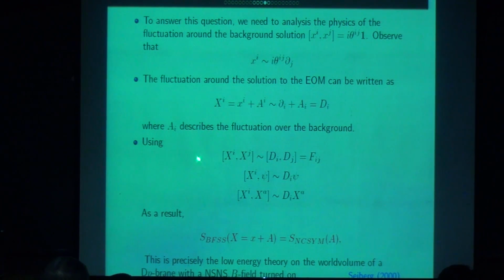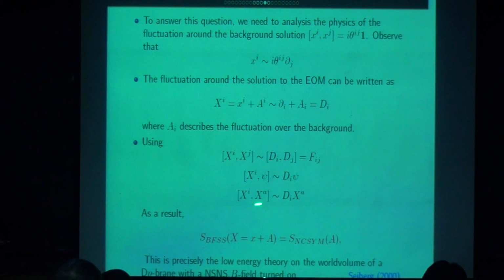Now, remember that in the original BFSS quantum mechanical action, you have a potential. The potential is basically the commutator squared. Now, if X is given by a covariant derivative on the non-commutative space, then the XX commutator will be given by a field strength, the Yang-Mills field strength on the non-commutative space. And similarly, you can complete the Lagrangian using supersymmetry.